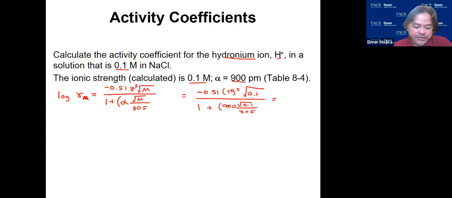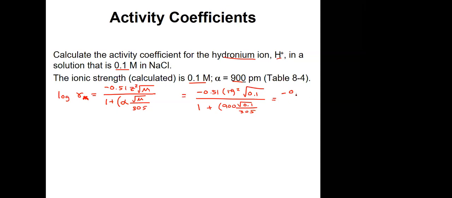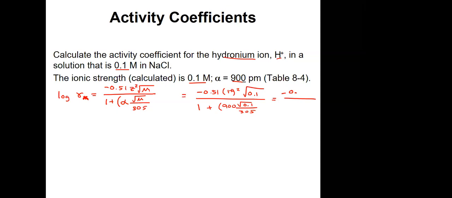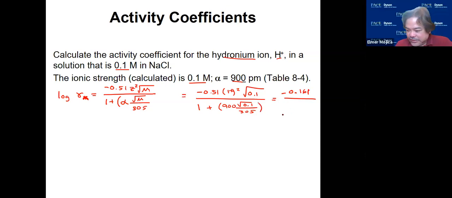Square root of 0.1 times 1 times 0.51. We'll do it step by step. So what's the value that you get in the numerator? I got for the numerator negative 0.161. Now, the one in the denominator, anyone? What do you get there?